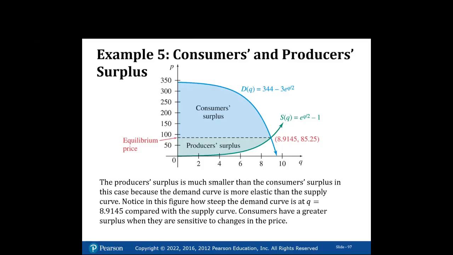You can see here as well, if you look at the steepness of the curves, the demand curve, our blue curve, is much steeper at Q is 8.9145. That also shows you the elasticity. So consumers have a greater surplus when they are sensitive to changes in the price.